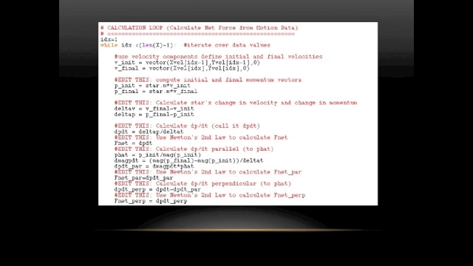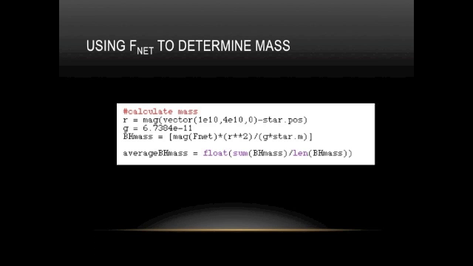Using these, I determined the derivative, or the rate of change of momentum, and using the rate of change of momentum and the momentum principle, we found the net force, the parallel net force, and the perpendicular net force. After, I used these net forces to determine the black hole mass.